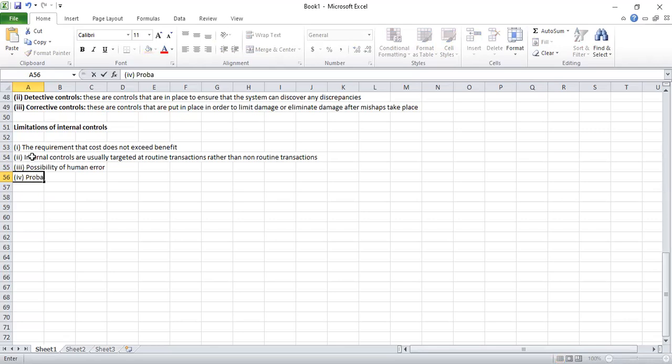Probability of circumvention of controls through collusion.